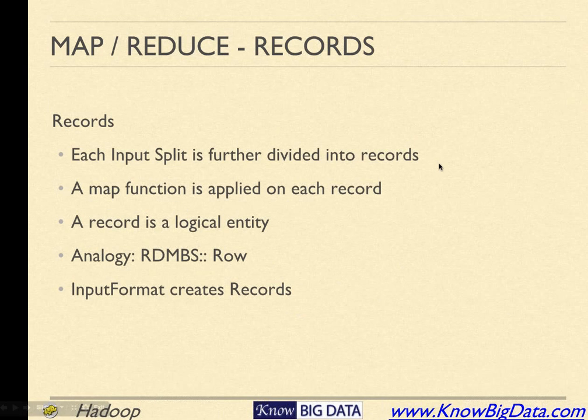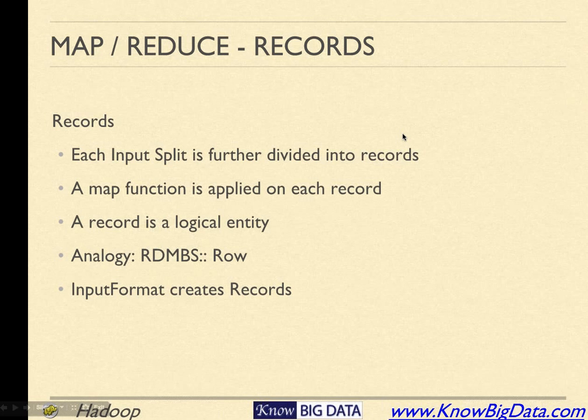As we said, the way we dealt with it earlier in the word count case, we got one line at a time. That line was a record. If we are dealing with HBase or some database, each row is a record. A mapper function is given one record at a time, out of which it derives key values and gives out the key values.